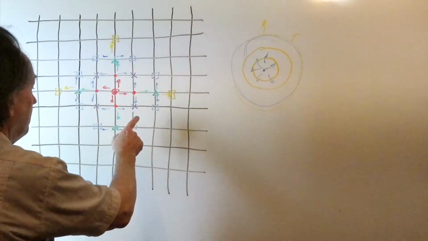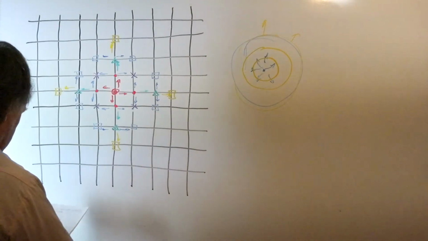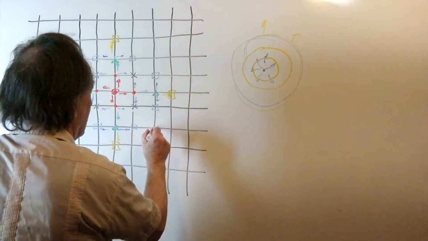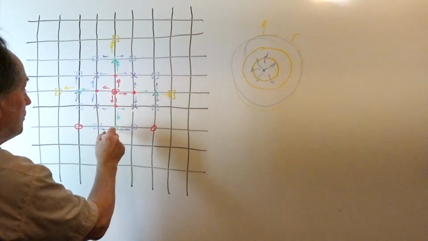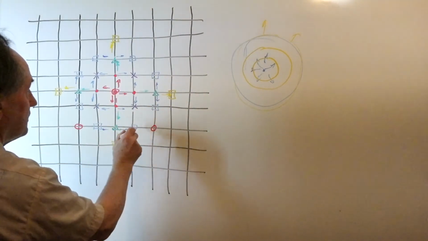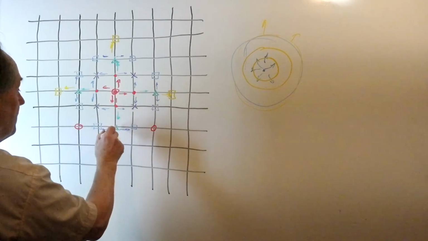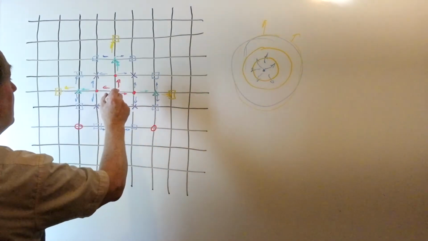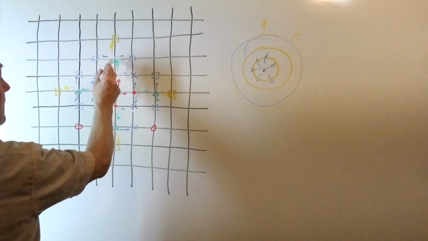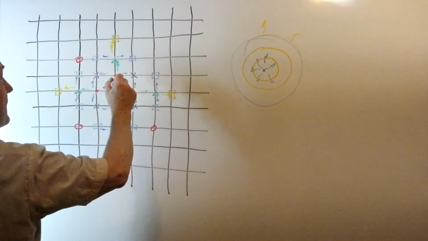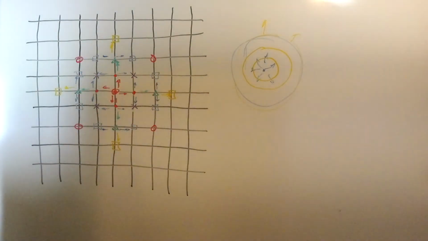For example, we'll have the same potential at this spot as this spot, because we have 2 vertical, 2 horizontal. Same thing here. Going from here, 2 vertical, 2 horizontal. So those points will have the same potential.